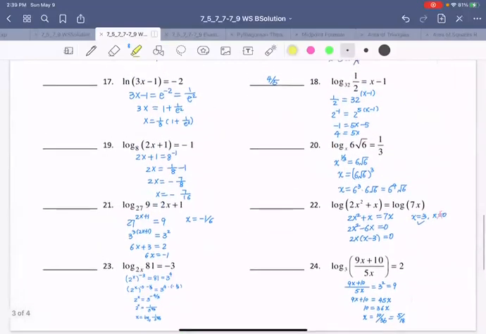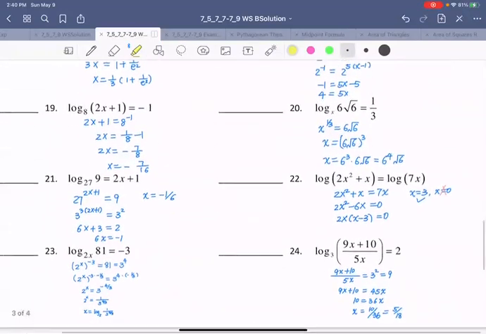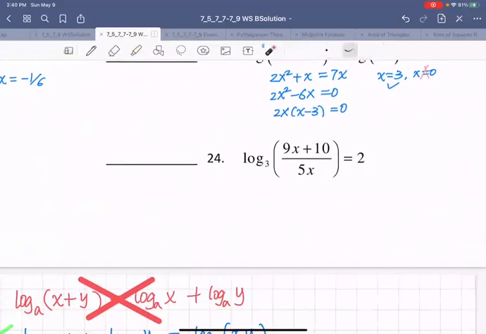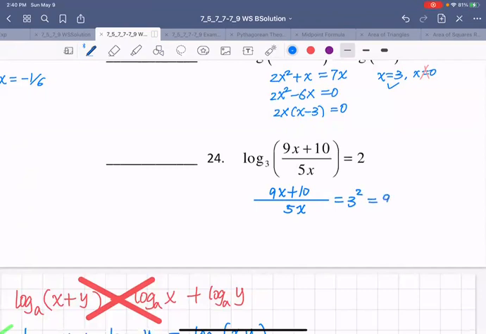All those questions are based on those properties that I listed to you. Let's see one more question. Look at here. That is going to equal 3 to the power 2. So (9x plus 10) over 5x equals 3 to the power 2, which is 9.